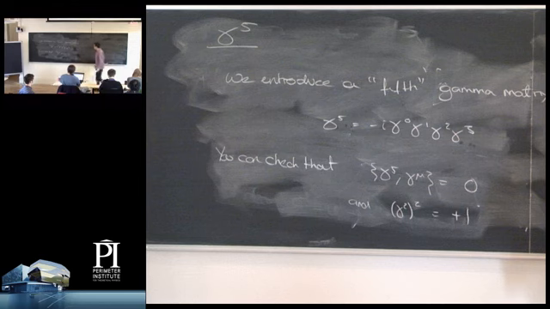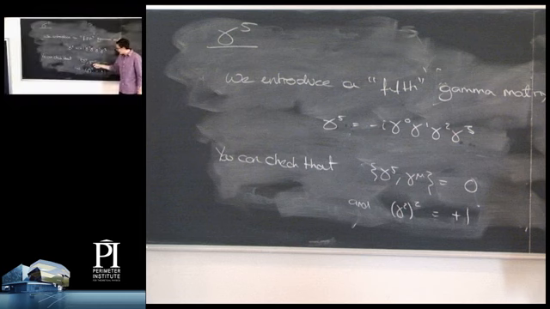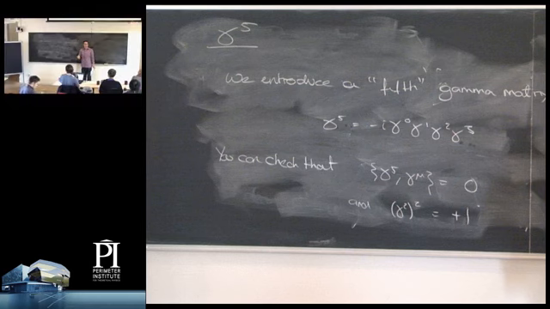Okay, so given 4 gamma matrices, we get a 5th for free. It's clear that now gamma 5 and the gamma mu's satisfy a Clifford algebra that's in 5 dimensions instead of 4 dimensions. Okay? Gamma 5 anti-commutes with everything else and squares to 1.